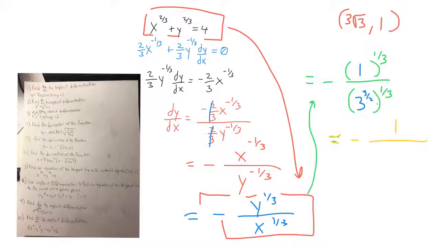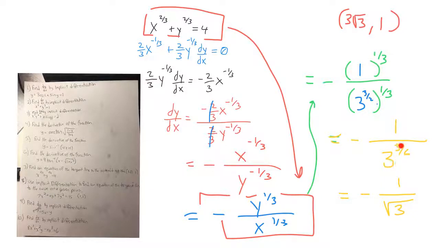And then we're going to have 3 to the 3/6, right? But what is that? I mean, that's 3 to the 1/2. So this ends up becoming 1 over radical 3.